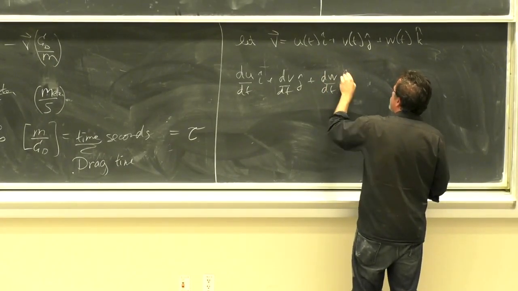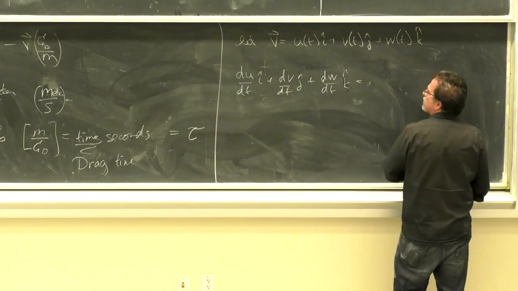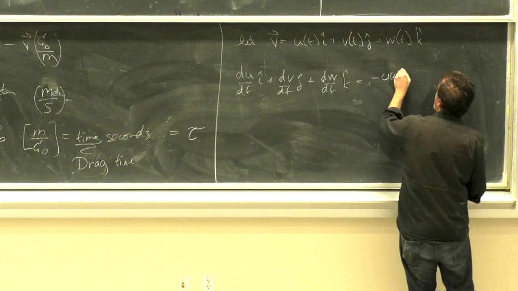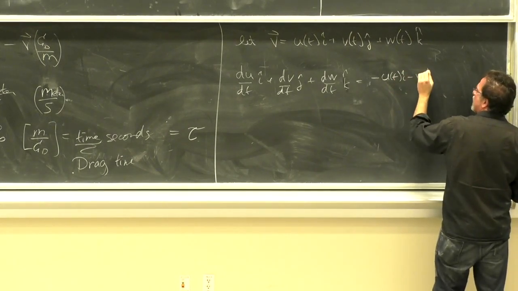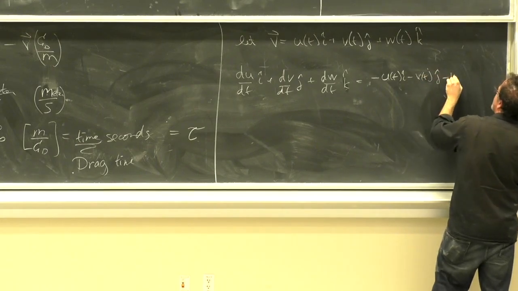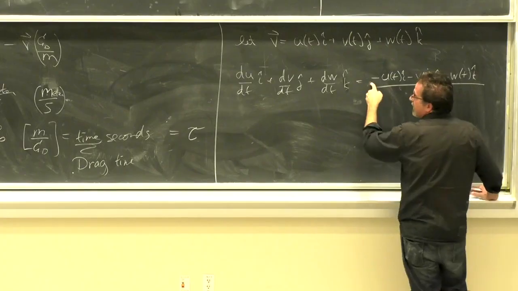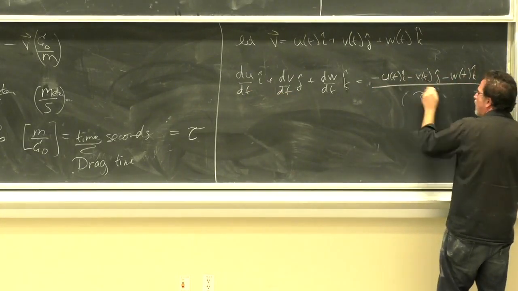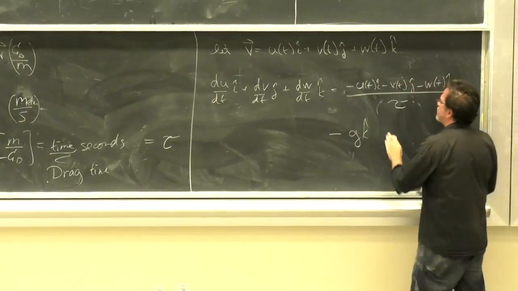Those are the three components of the acceleration on the left-hand side, equal to negative u of t i hat minus v of t j hat minus w of t k hat, divided by the drag time tau, minus g times k hat.